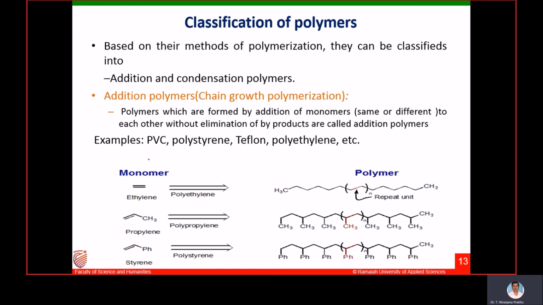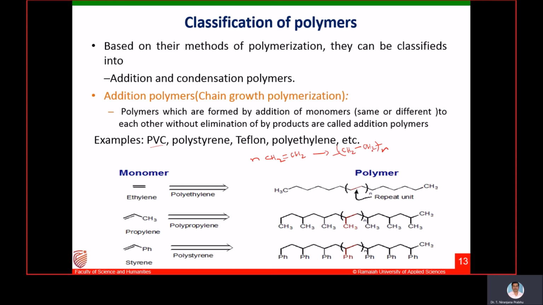So examples include polyvinyl chloride. You can look at this. Instead of this CH3, if Cl comes, that is called polyvinyl chloride. CH2=CH2 is ethylene. With n number of units, CH2-CH2, this chain growth continues.